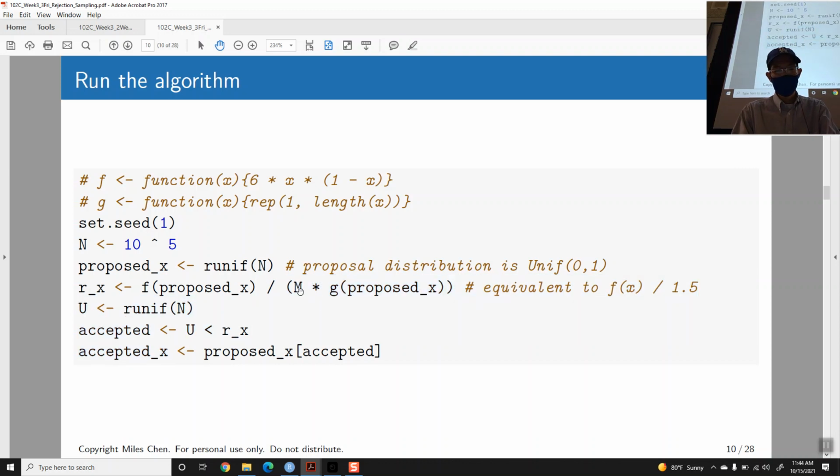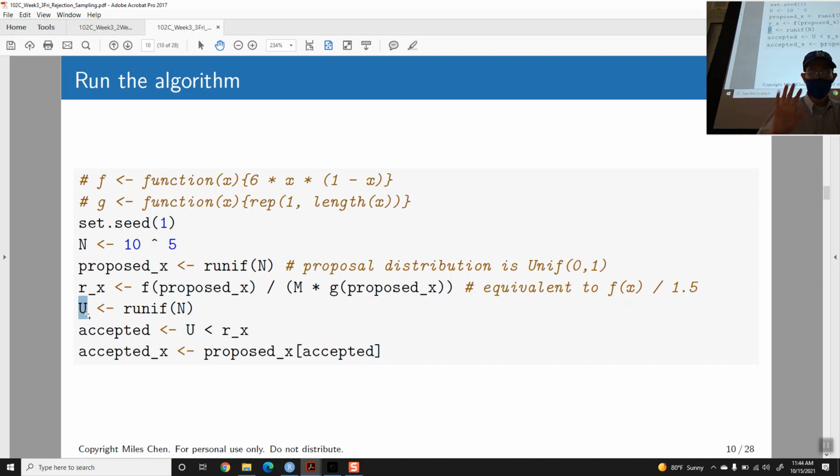This is a little bit silly, but this is just 1.5. Then we generate 100,000 random uniform values independently of the random uniform values generated over here. Your proposed x has to be independent of the u.